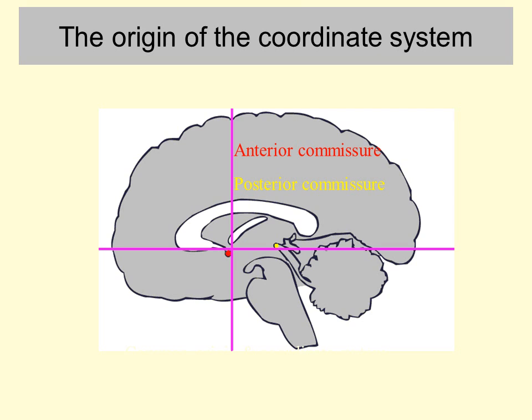For the Talairach or stereotaxic coordinate system, the centre is at the anterior commissure, shown as a red dot here in this schematic of the brain. You also need to make the y-axis lie on a straight line drawn between the anterior commissure and the posterior commissure, and that defines the origin of the coordinate system.